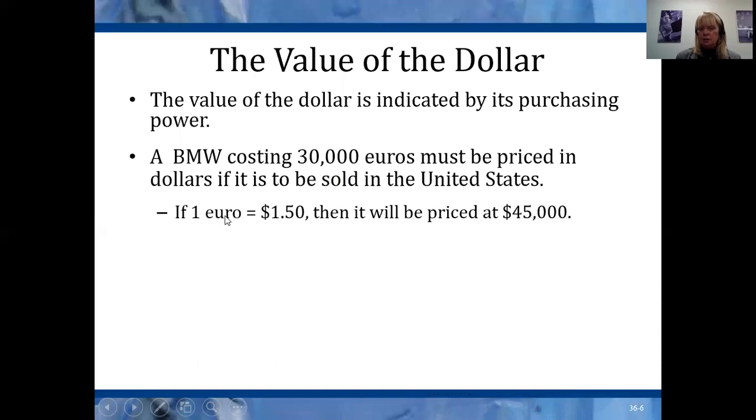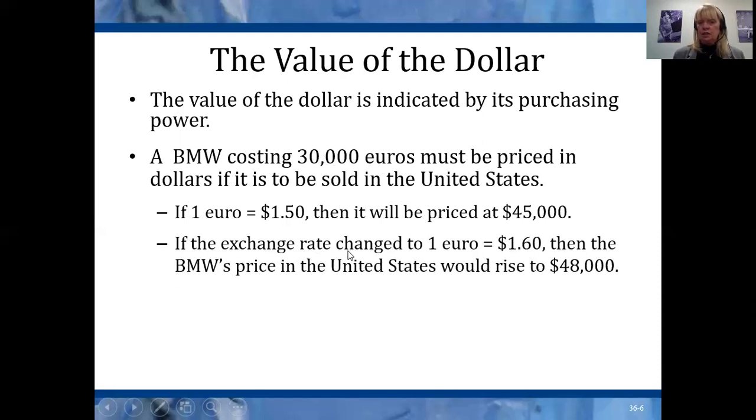So if 1 euro equals $1.50 US, then the US price of this BMW is going to be $45,000. Enough US dollars to cover 30,000 euros, because this is the price that must be paid to the German manufacturer.